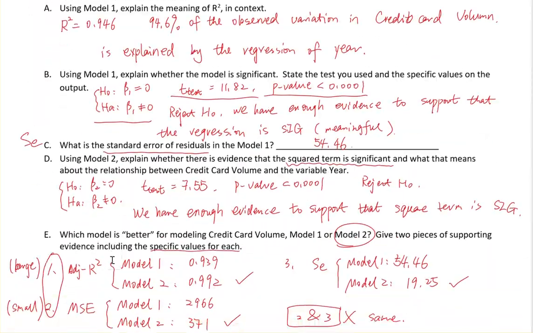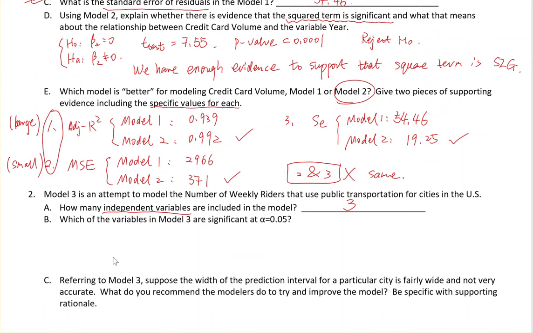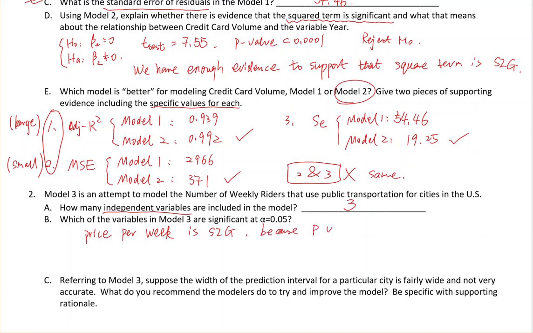So we say the price per week is significant because the p-value is less than 0.001, right?